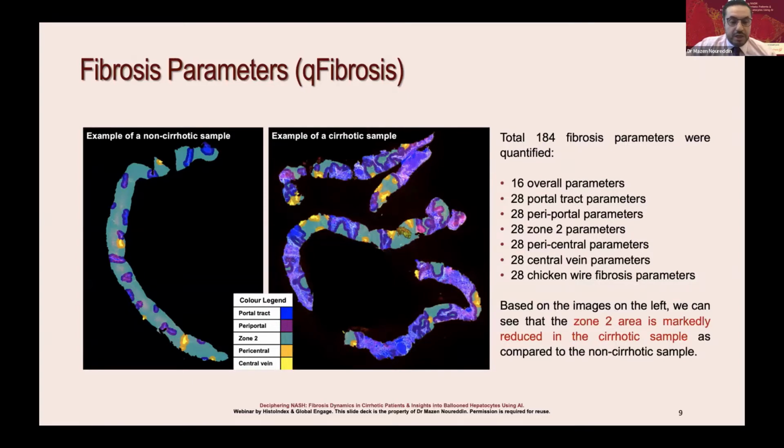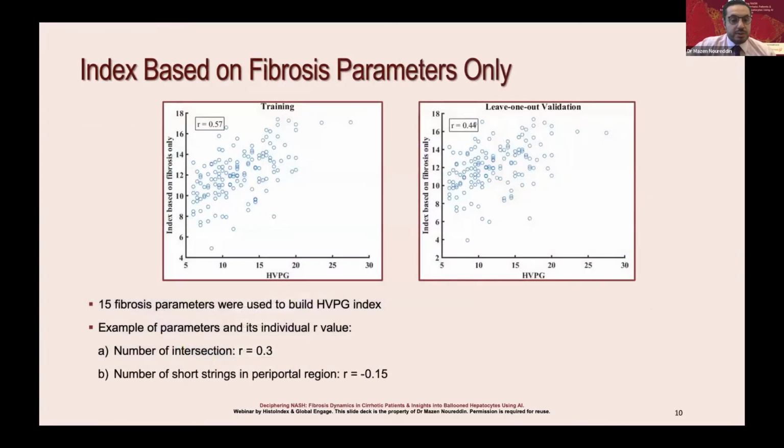And in the green is the zone 2 area that is more prominent in a non-cirrhotic sample, and it gets diminished in the cirrhotic sample. And you see here the nice color differences between the two samples, looking at different parameters in the portal tracts and periportal tracts. So this is the Q fibrosis.